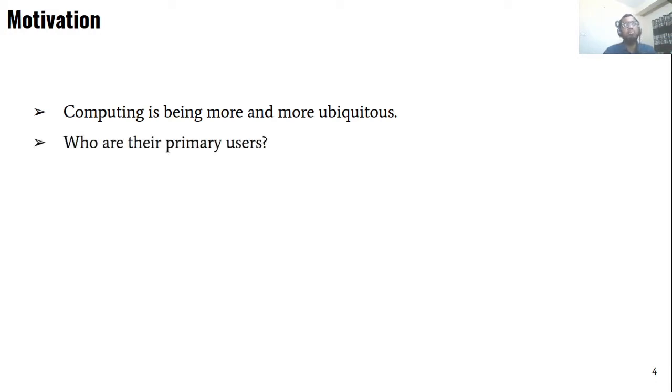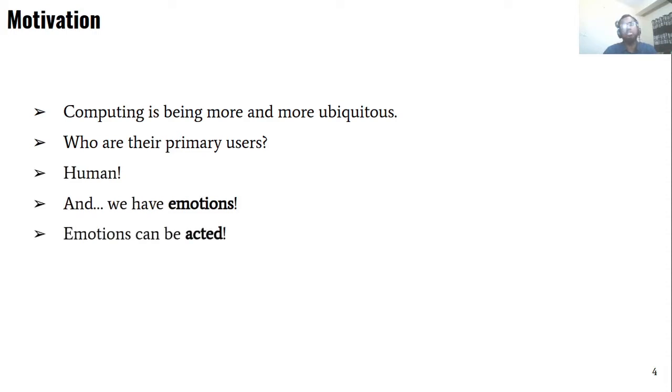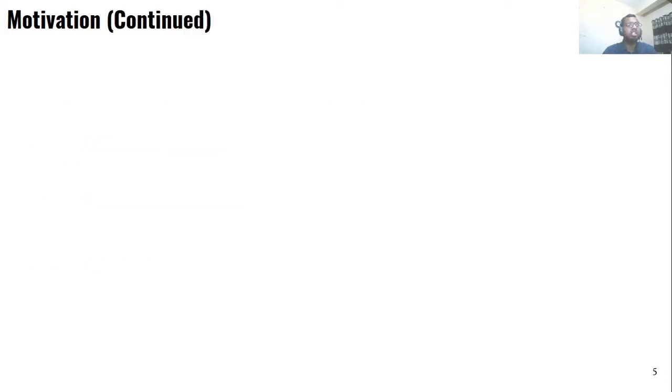Who are their primary users? Of course, it's us humans, and we have emotions. But the thing is that these emotions can be acted. Now, how do we uncover whether this is an acted emotion or a real emotion? This is the particular question we want to answer in this work.